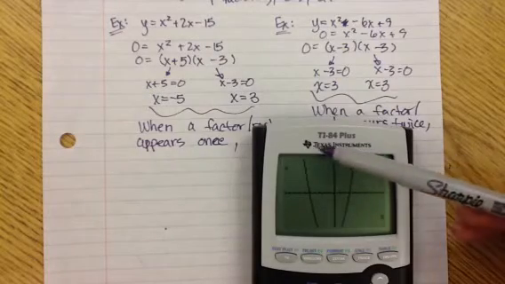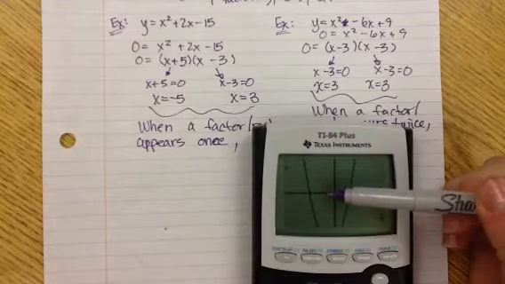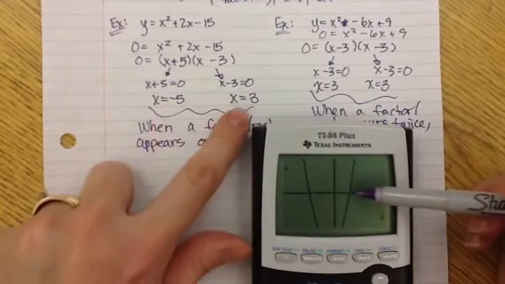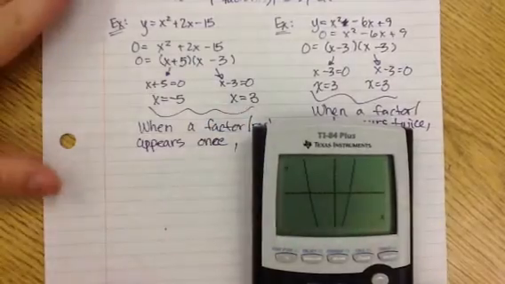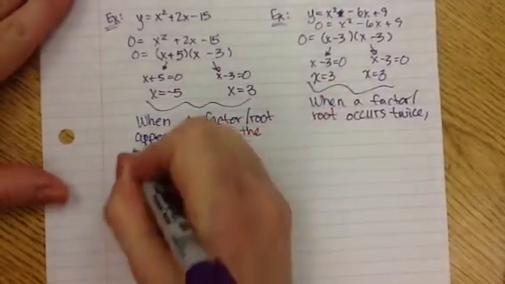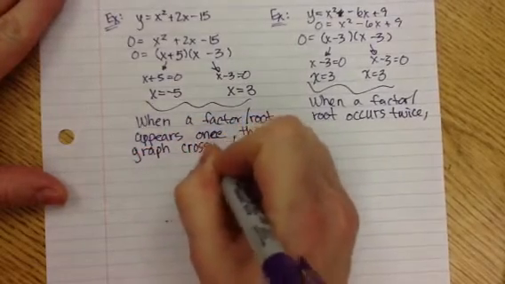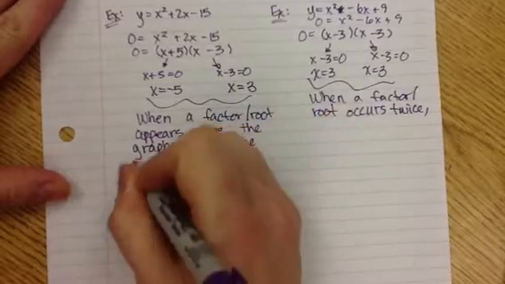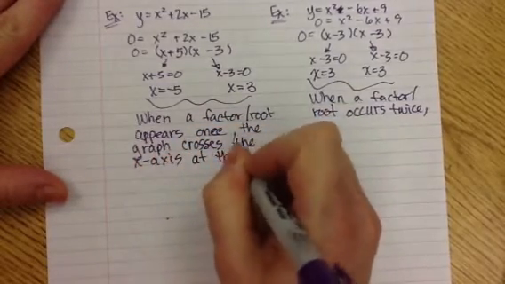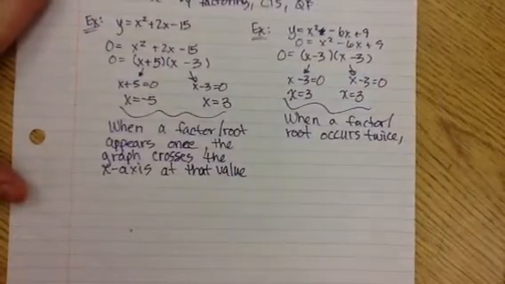So we have a parabola shape, and our graph crosses the x-axis at negative 5, which was this root, and at positive 3, which was this root. So when a factor or root appears once, the graph is going to cross the x-axis at that value. So that gives us an x-intercept.